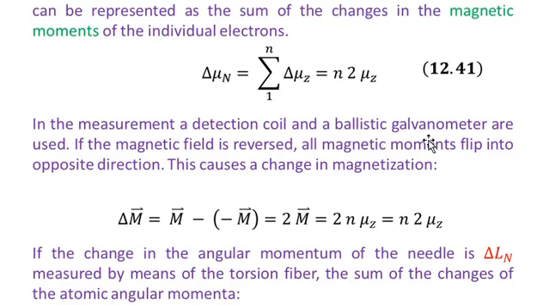These have not been shown over here. If the magnetic field is reversed, all magnetic moments in the material flip into the opposite direction. This causes a change in magnetization, and this change in magnetization has been explained over here.